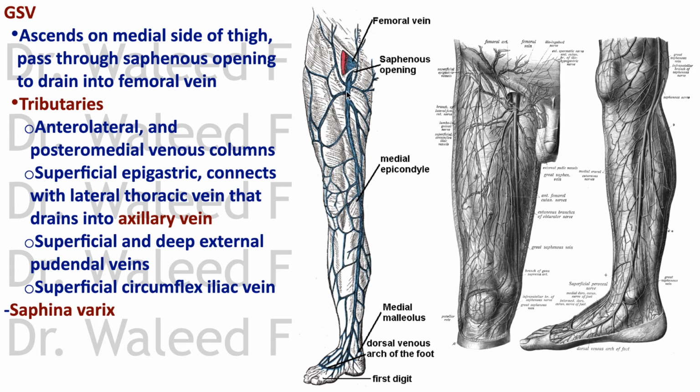If varicosity happens at the entrance to the femoral vein, this is called the saphena varix, which is a varicosity at the entrance of the great saphenous vein to the femoral vein.